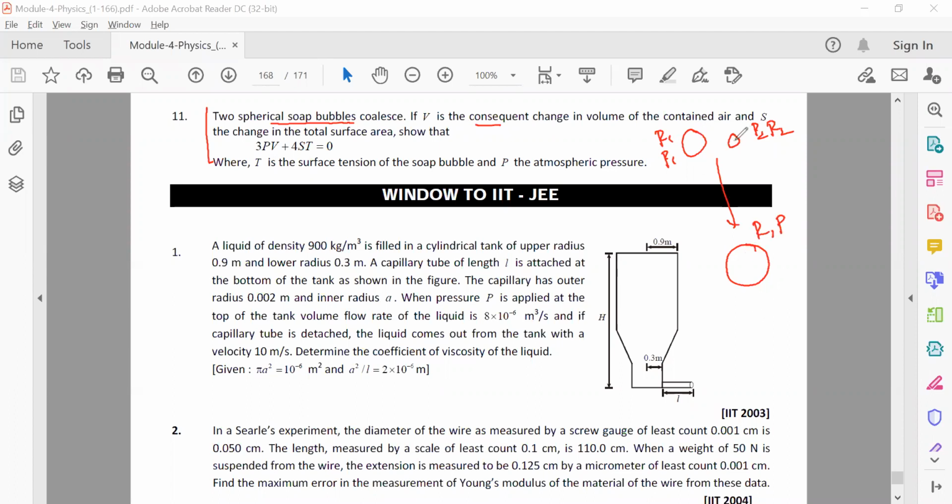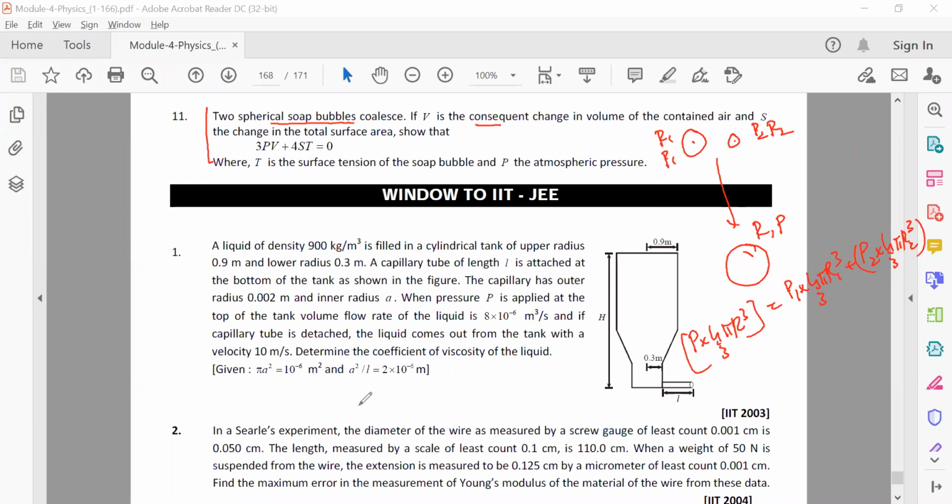So the air combined here, the number of moles is conserved. So P into 4 by 3 pi R cube has to be equal to P1 into 4 by 3 pi R1 cube plus P2 into 4 by 3 pi R2 cube. So this is the equation.